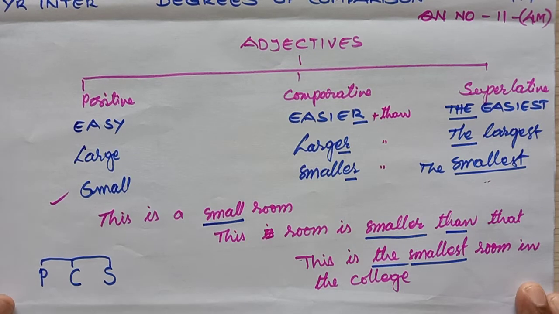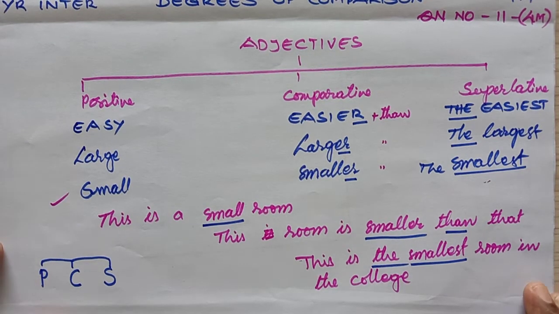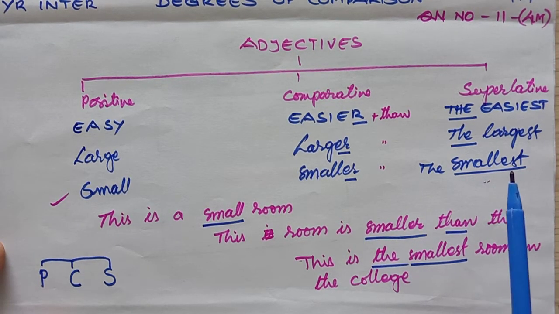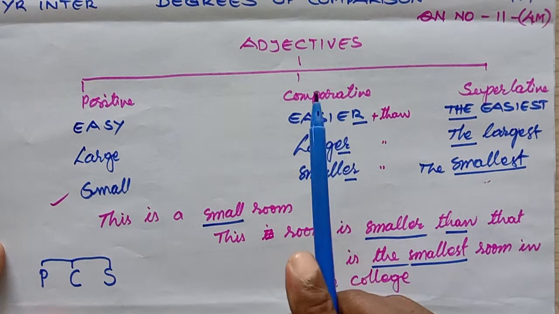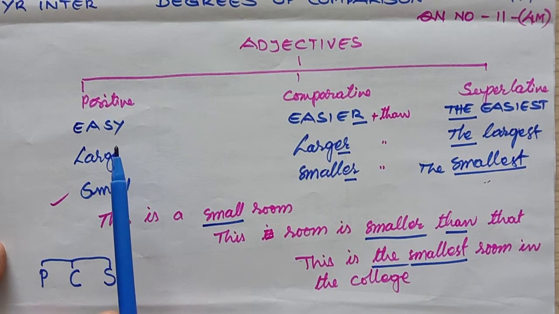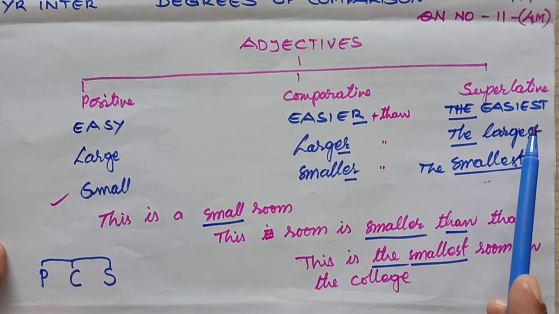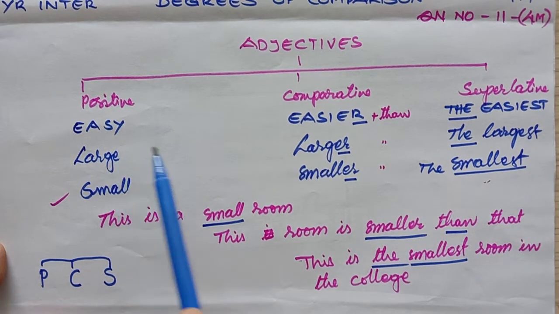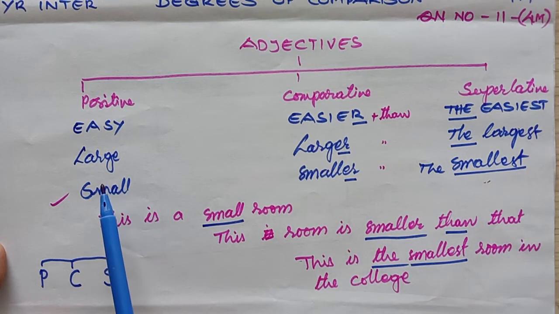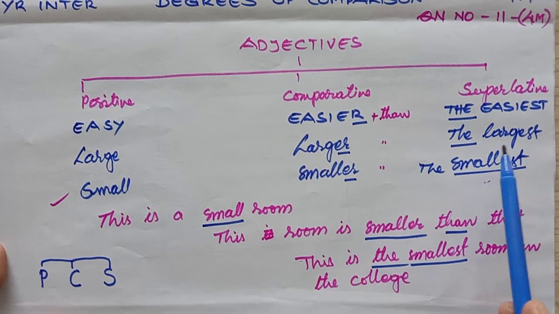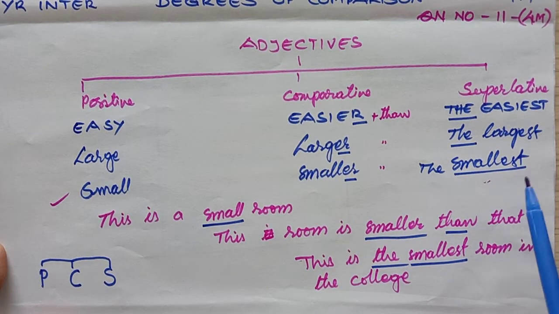Did you understand this? So, degrees of comparison are meant for adjectives. Adjectives have 3 degrees like positive, comparative and superlative. Easy, easier, easiest. Large, larger, largest. Small, smaller, smallest. Like this.